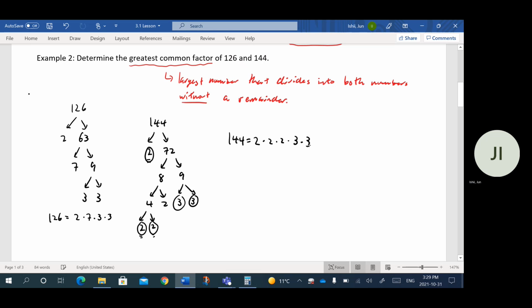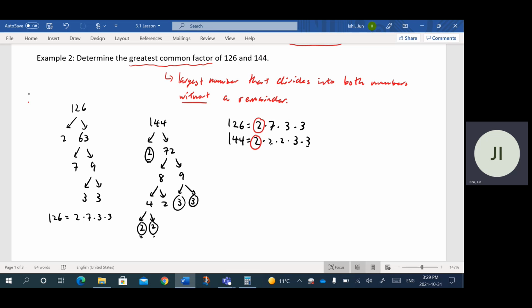All right, so actually, let me just write the 126. 126 prime factorization is 2 times 7 times 3 times 3. All right, so to find the greatest common factor, once you've broken it down into the prime factorization, you want to find the common prime factors that show up in both. Right? But you can only match them up 1 for 1. So this 2, I'm going to match up with this 2.